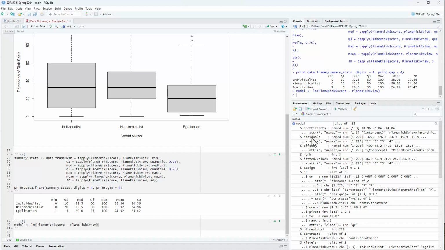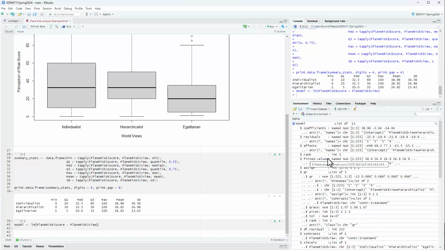If I click on this, I get all the different kinds of attributes of the model that I got when I did multiple linear regression before. Two of these that I'm particularly interested in are the residuals and the fitted values. Fitted values is the name that R gives for predicted values.